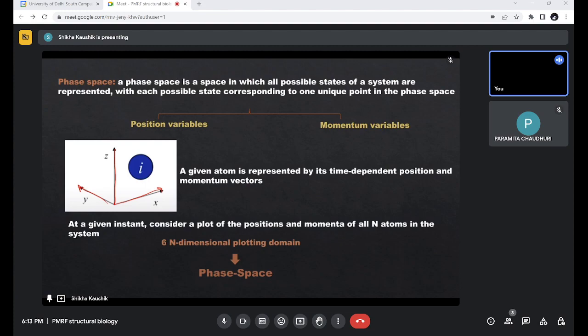And you have to understand all these things. Once you understand this for a given atom, it is represented as a time-dependent position or momentum vector. So with time-dependent positioning, it is present here, and after some time it is present there. That leads to positional changes.